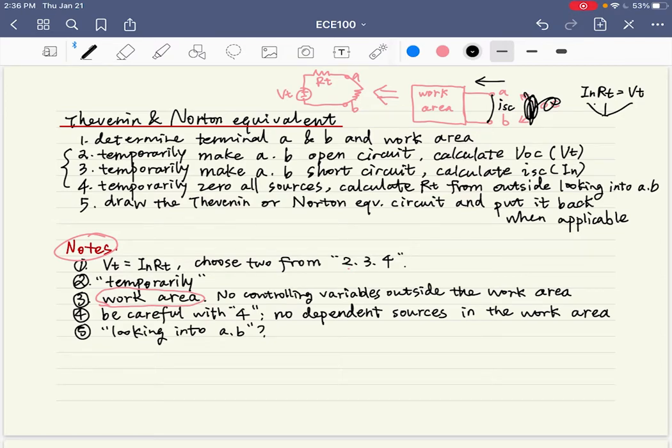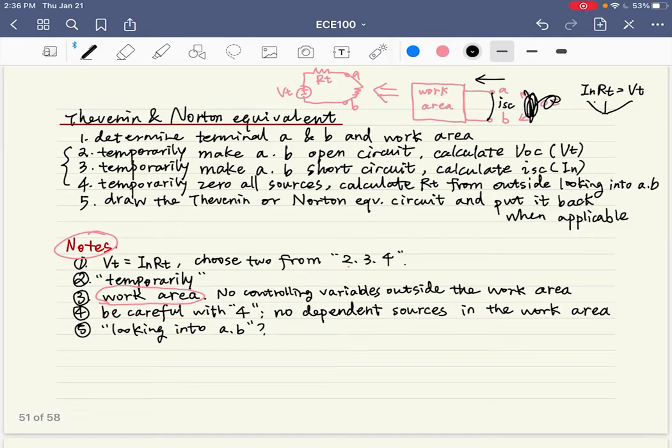This is to say, if there is a controlled source in your circuit and the controlling variable is outside this part, that means this circuit cannot be converted into the Thevenin equivalent circuit or Norton equivalent circuit. So make sure there are no controlling variables outside the work area.